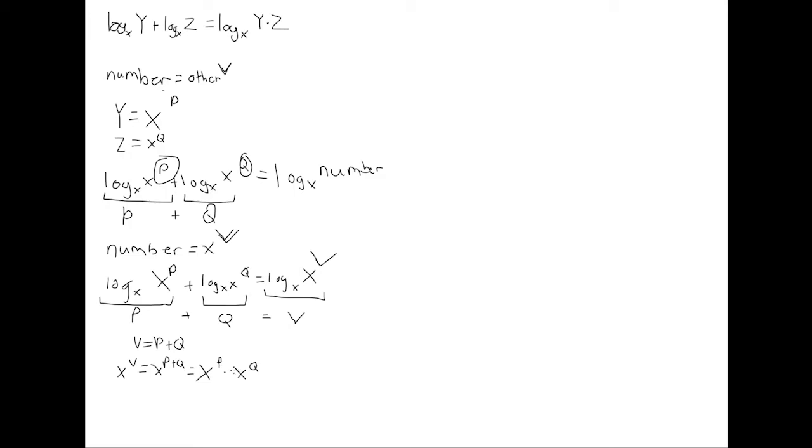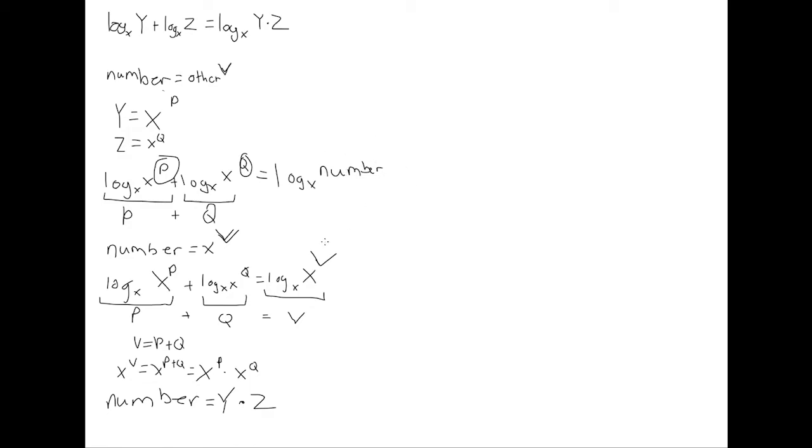Okay, so what is x to the v? Well, it's just number. And what is x to the p? Well, it's just y, right? We just re-expressed y as x to the p, and we also re-expressed z as x to the q. So number equals y times z. So we've just proven that this number does equal y times z.